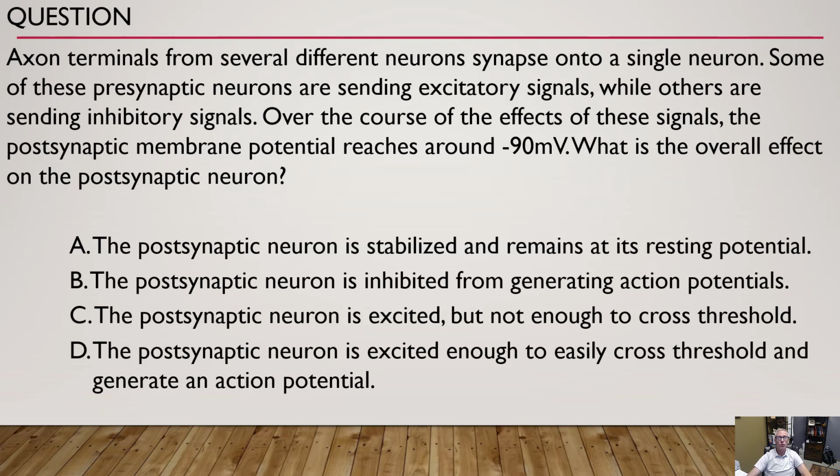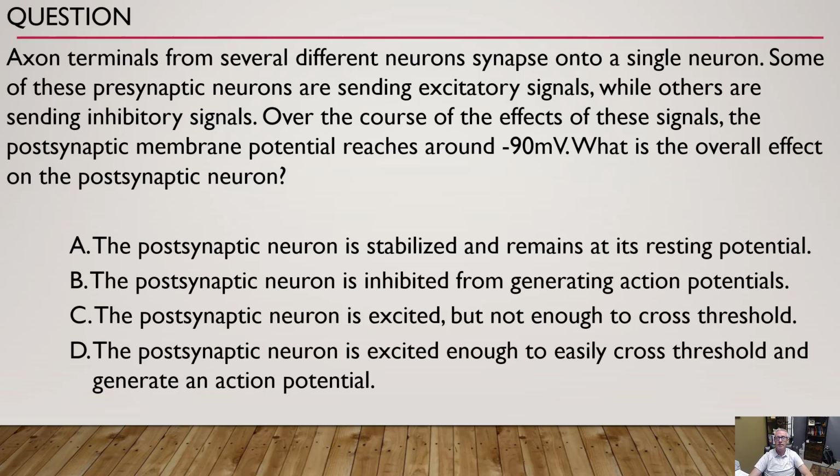All right, so we look at the axon terminals from several different neurons that synapse onto one single neuron. So basically, we're looking at a converging neuron. Some of these presynaptic neurons send excitatory signals while others send inhibitory signals. Okay, we already know that.